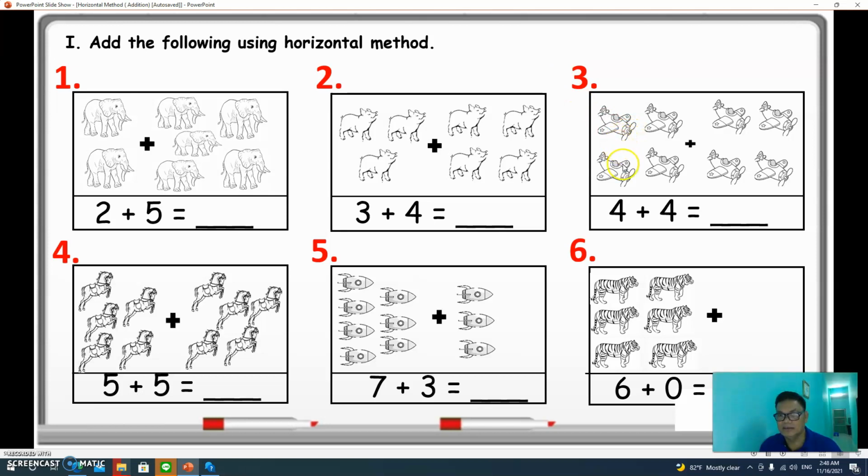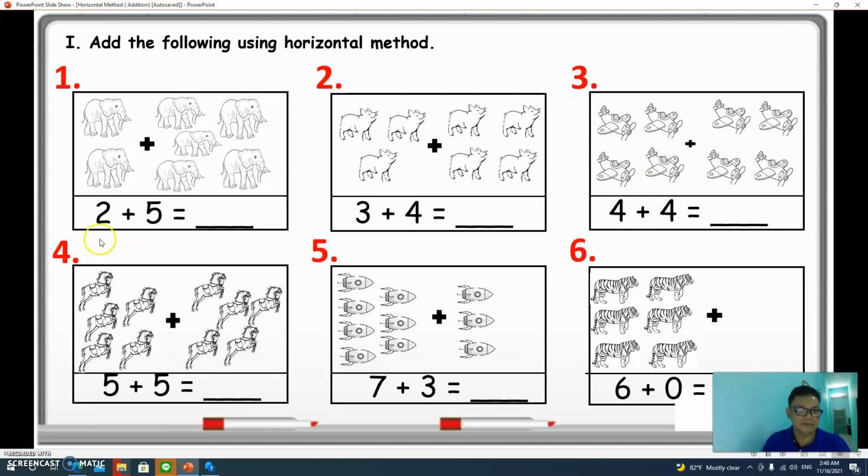Airplane. You're going to count: 1, 2, 3, 4. 4 plus 1, 2, 3, 4. 4 plus 4 equals 1, 2, 3, 4, 5, 6, 7, 8. So 4 plus 4 equals 8.